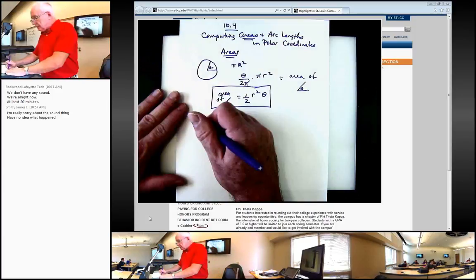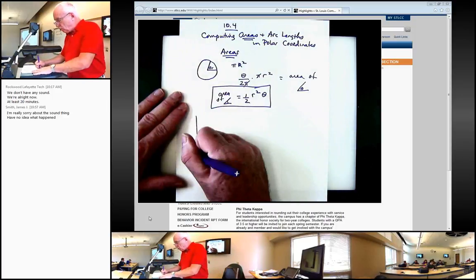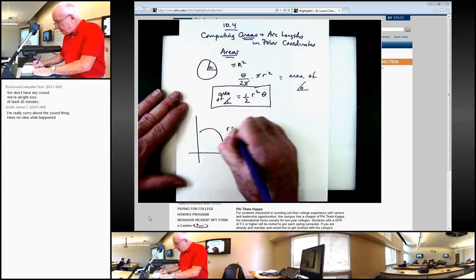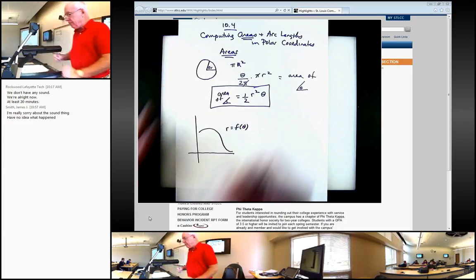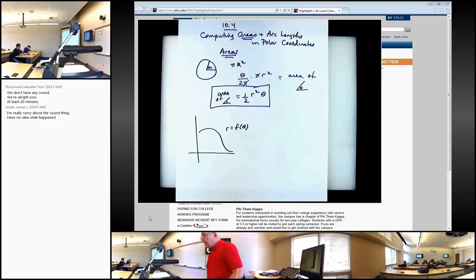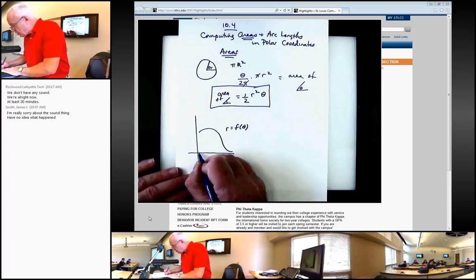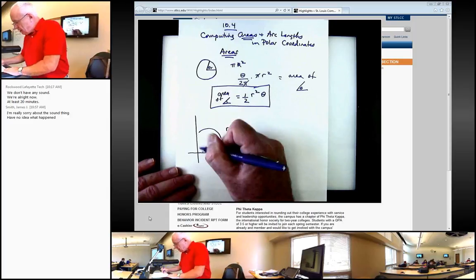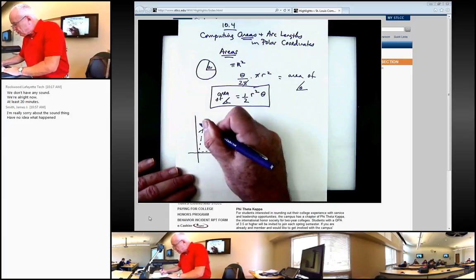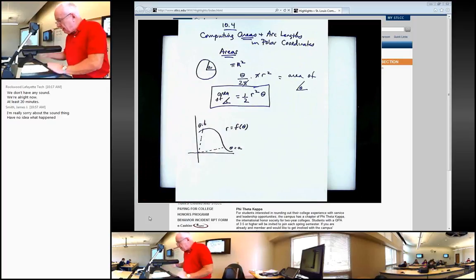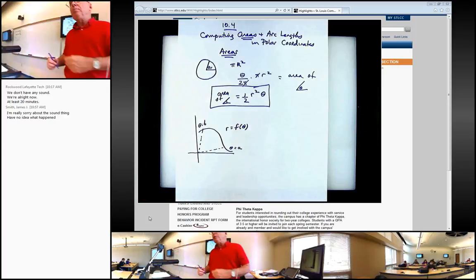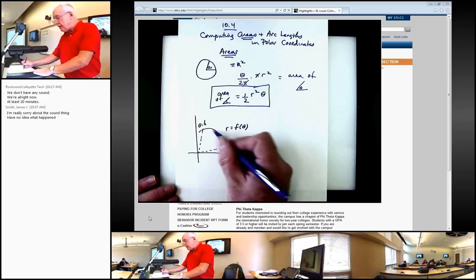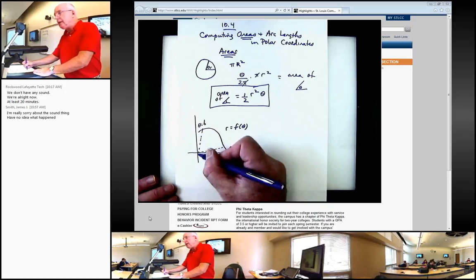And now let's look at a general polar curve, something that's, say, going like this. This is r equals some function of theta, all right? And say we want to go from theta equaling a to, say, theta equaling b. And we want to compute this area here that's enclosed between those two dotted lines and between the curve and the origin here.